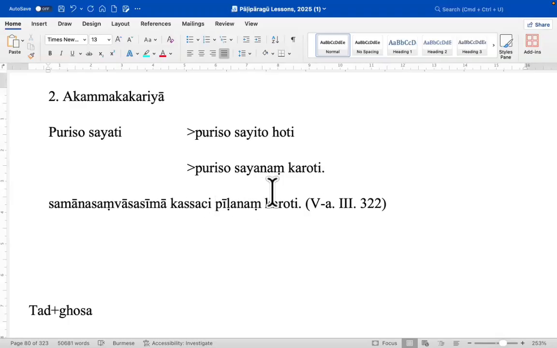So here there is no true object for the karoti. So he finds this optional. But one more example he gives. So according to this, Kasaji is dative or genitive? I think it's like dative. Dative also possible, genitive also possible.